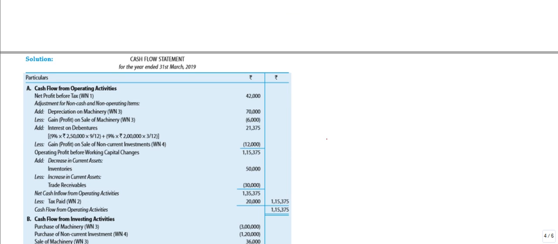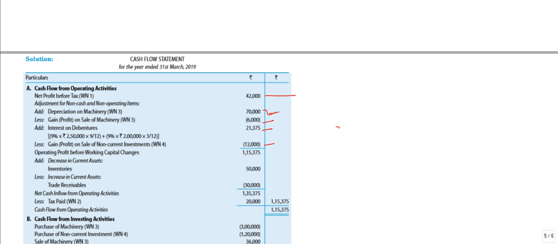So here we start with that amount, 42,000, and next, depreciation of machinery, 70,000, which we get from our question. Next is the gain calculated from the machinery account, 60,000, and interest on debentures we calculated, 21,375. And the gain on non-current investment, we deduct that.